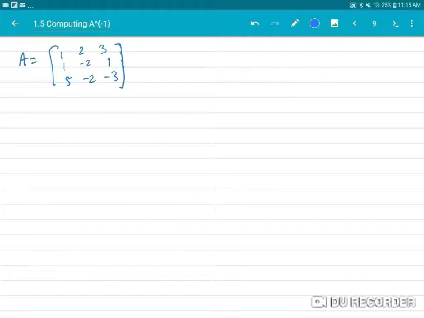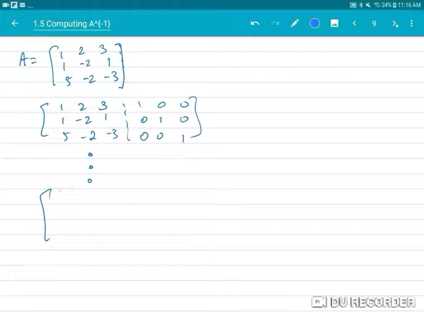You attach that to the identity matrix, augmenting with the identity matrix on the right, and do a few row operations. I did 2 operations. I got 1, 2, negative 3. Oh, this was negative 3. Okay. That would make a difference, of course.